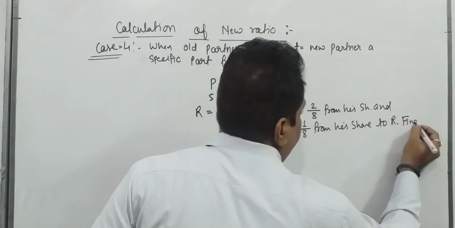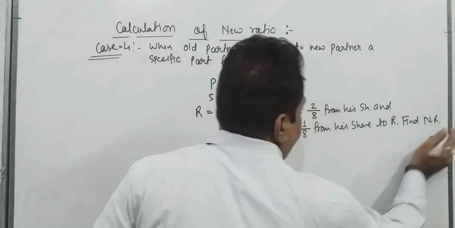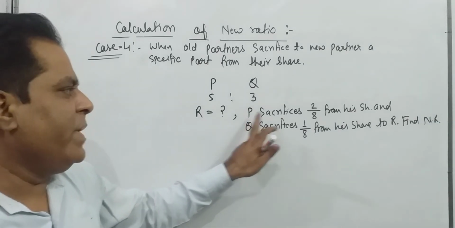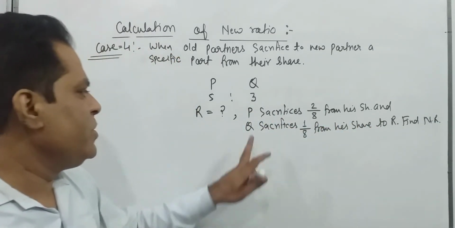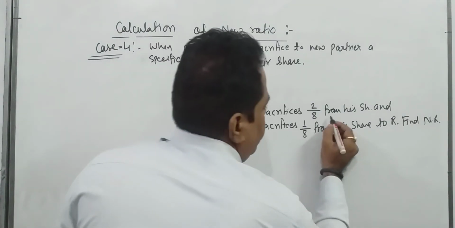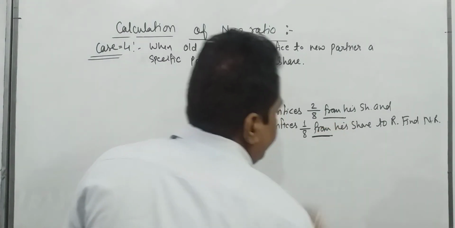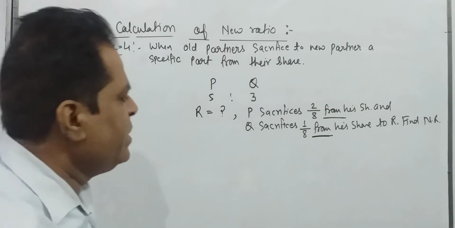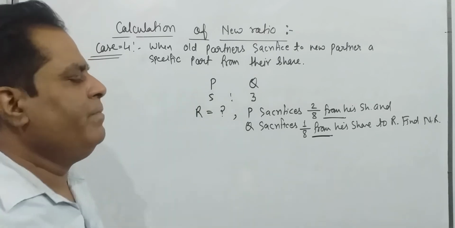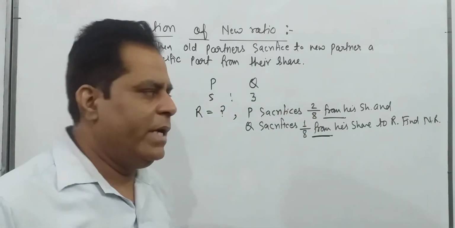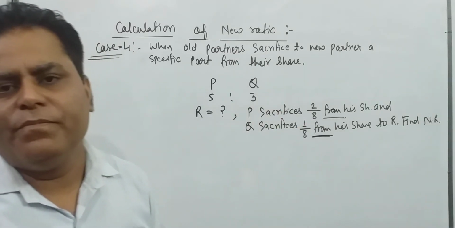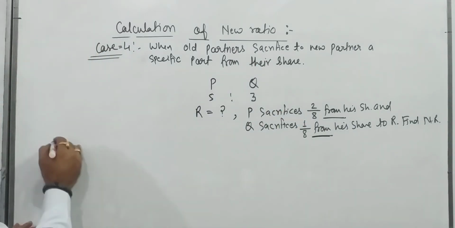Find new ratio. See, in this condition, how much P is sacrificing to R and how much Q is sacrificing to R is already given in the question. So simply deduct that from P's share, and deduct 1/8 that is sacrificed by Q. See how to determine new ratio.